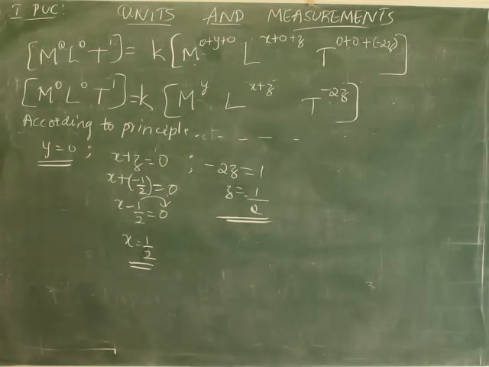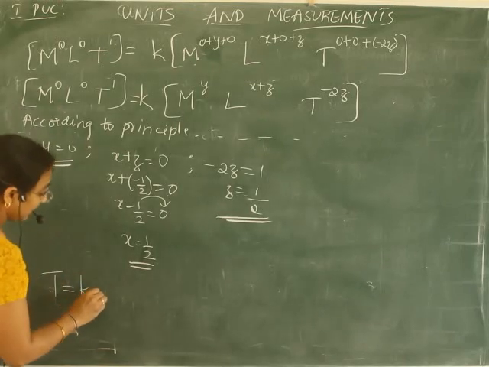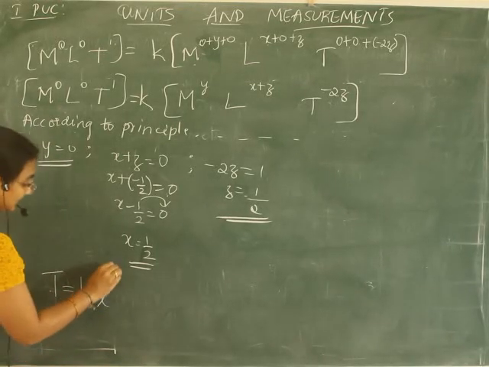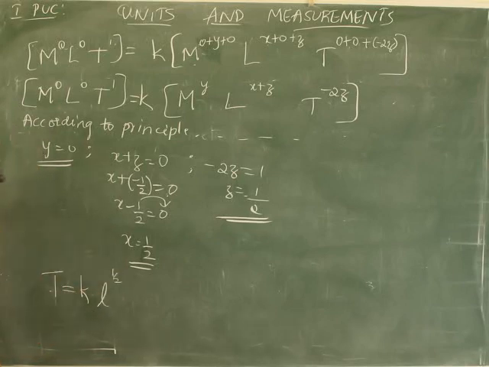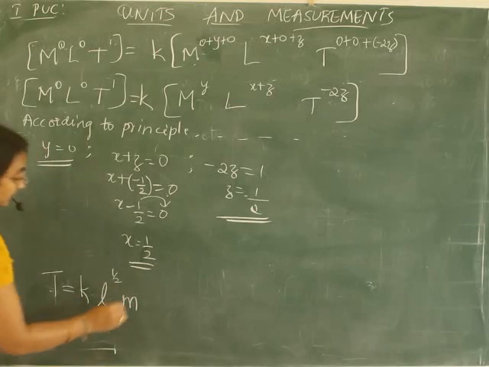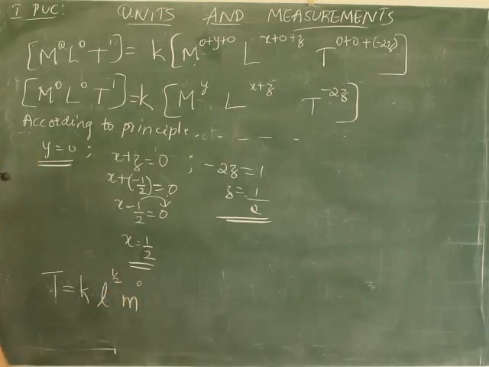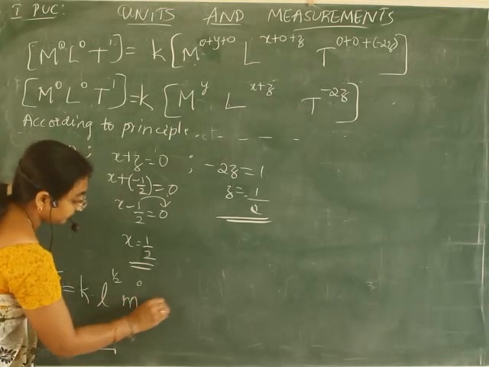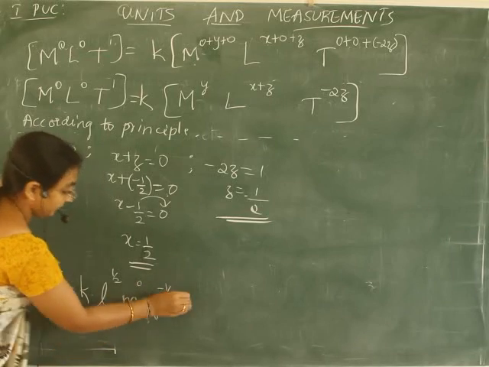Therefore, we can write time period is equal to k into what we have written? Length to the power x, then M to the power y, then g to the power z, minus half.